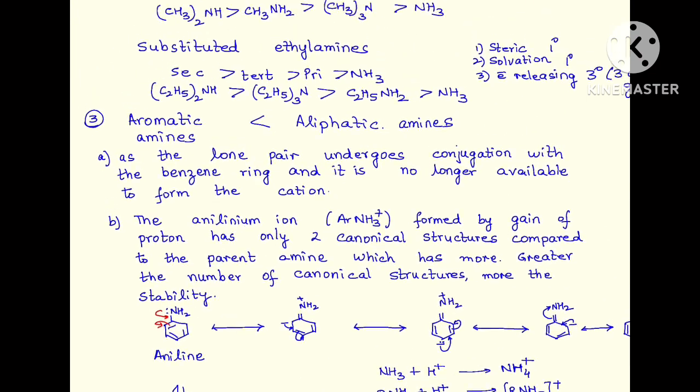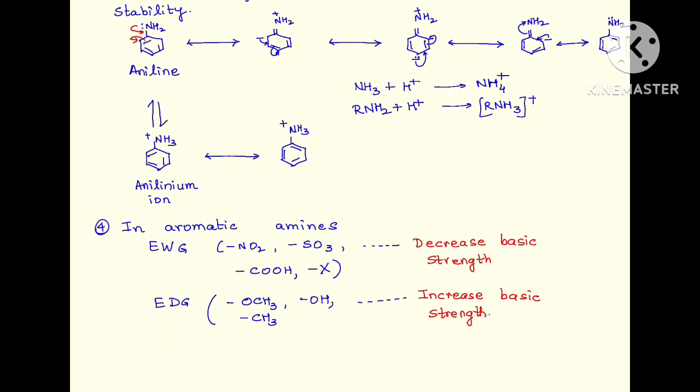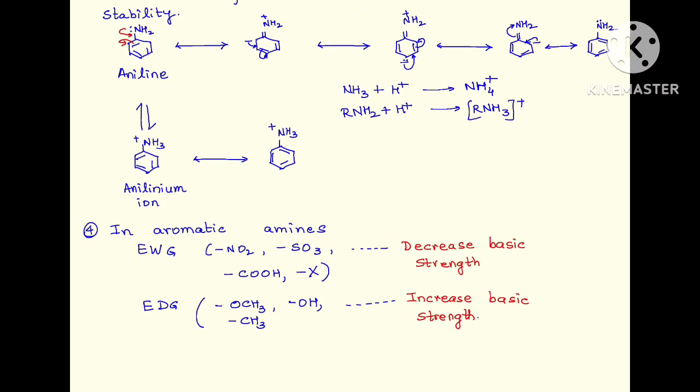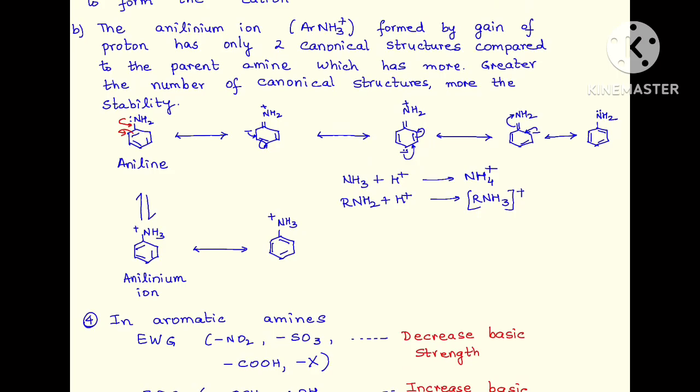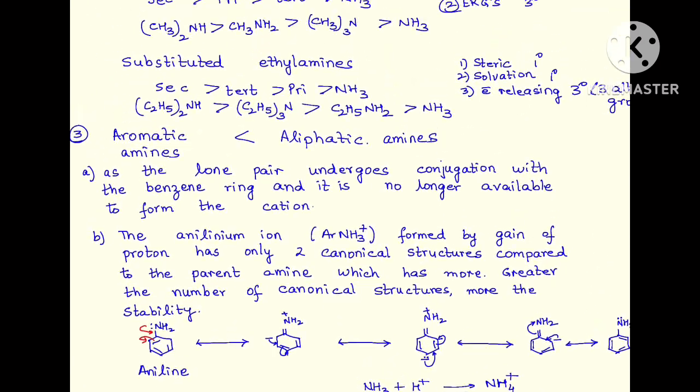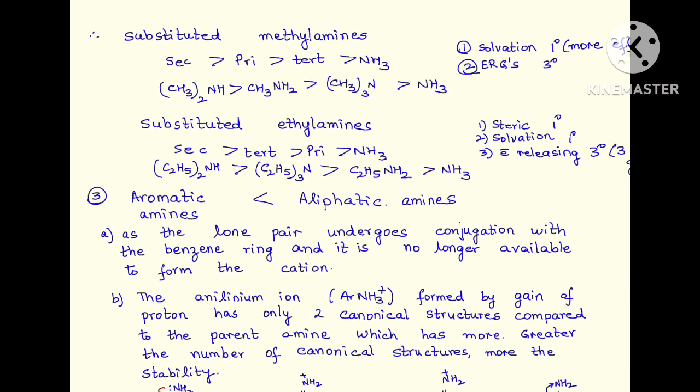So the canonical structures, the resonance structures, these are all the explanations based on what we observe experimentally. All these notes were there in the previous video. This is something which has been taught in part 7.